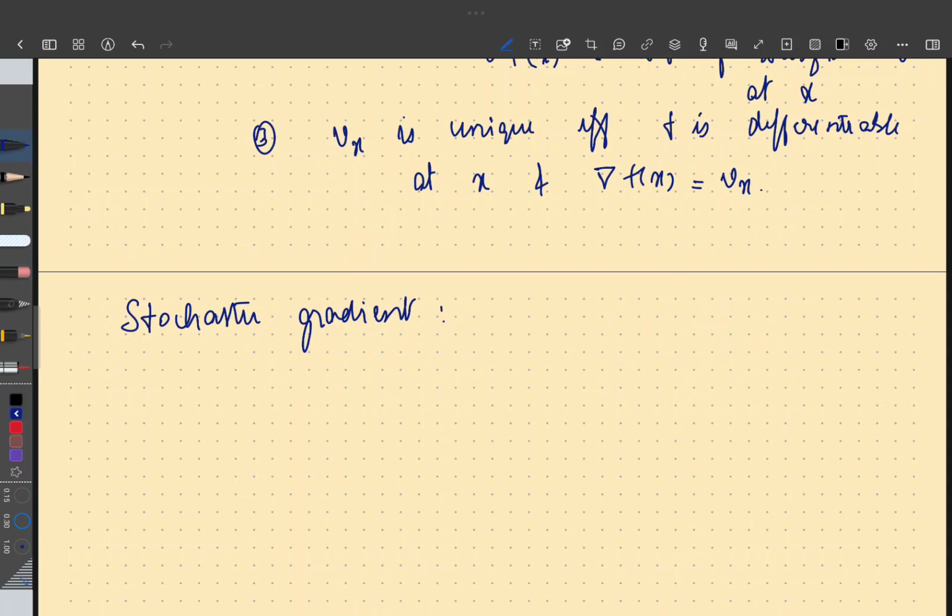So a stochastic gradient is a random vector v such that the expectation of v, which is a vector that depends on a point x, lies in the set of subgradients.